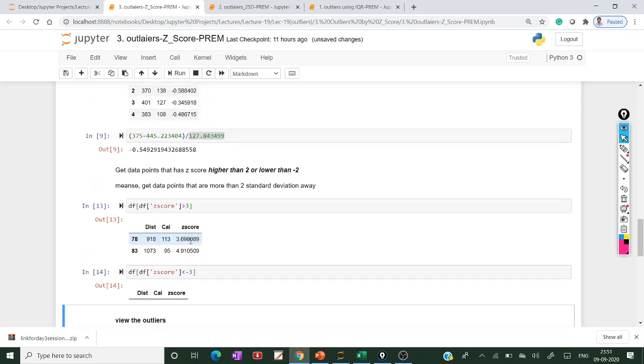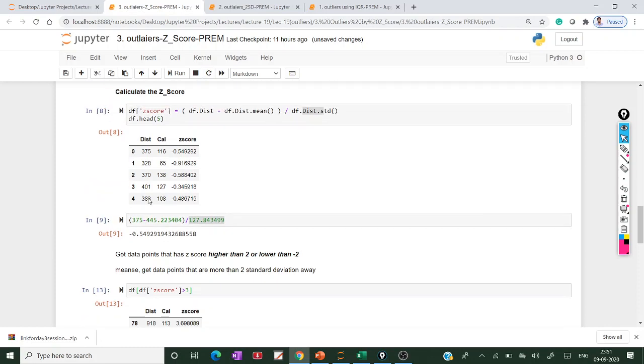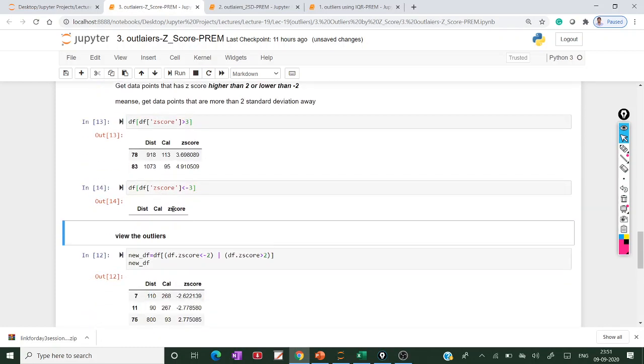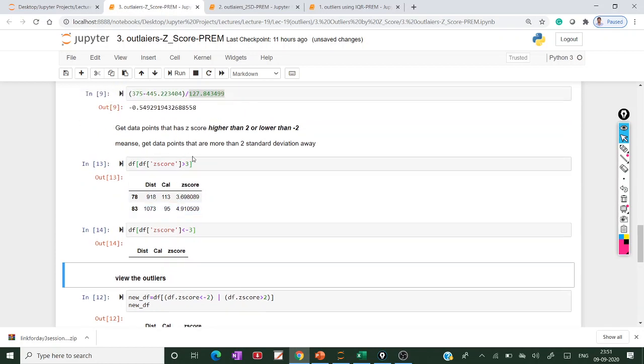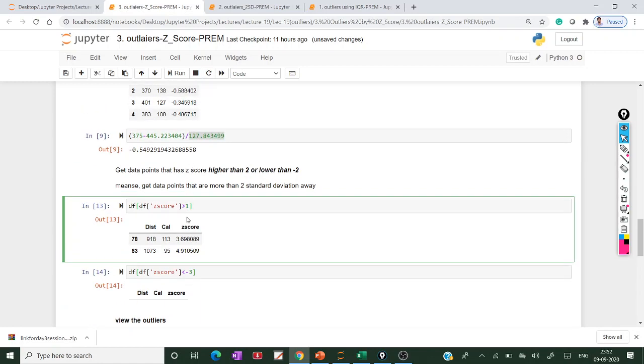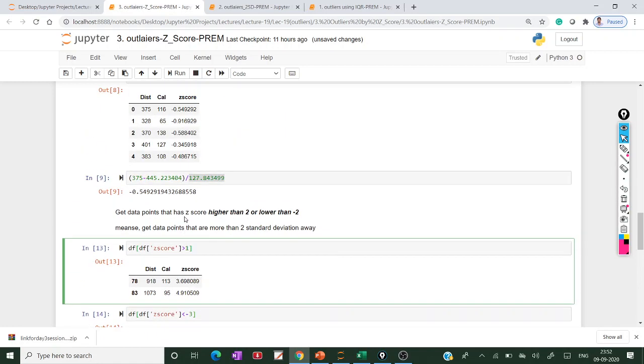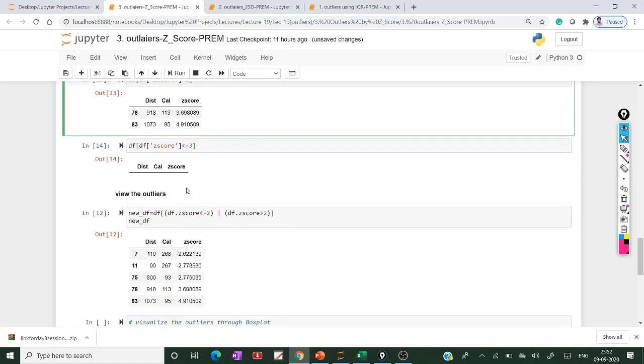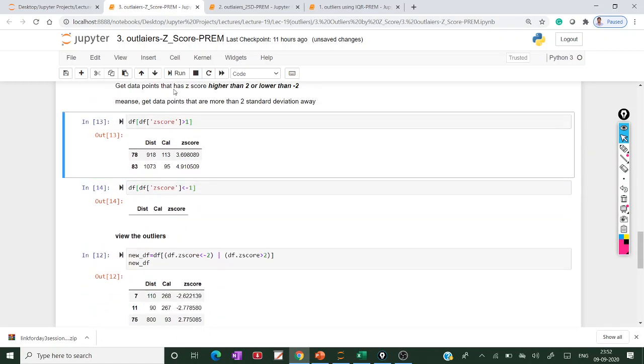With a z score greater than 3 there are only 2 data points, and on the other side, how many data points are there? No data points. Only 2 outliers exist. If the z score is 1, I'm considering plus 1, minus 1, so it's going to change.